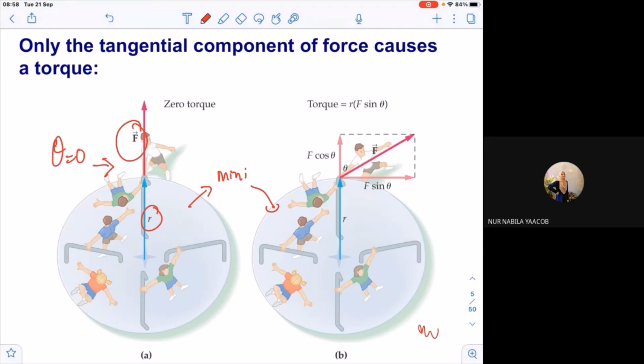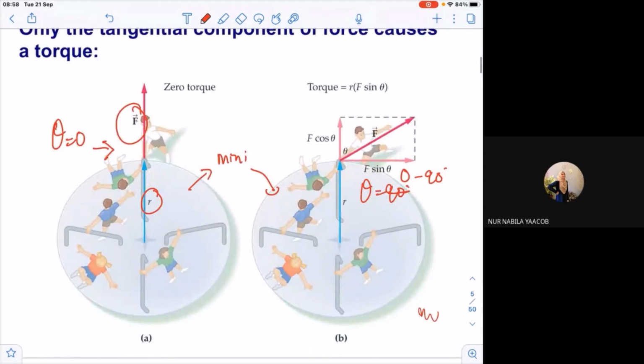Afterwards he tried to see what happens when theta is 90 between the lever arm and the force, and also slightly at some angle, not just 90, but from 0 to 90 degrees. So in this case, he will get 0 torque when theta is 0, and he will get torque when there is some angle theta.